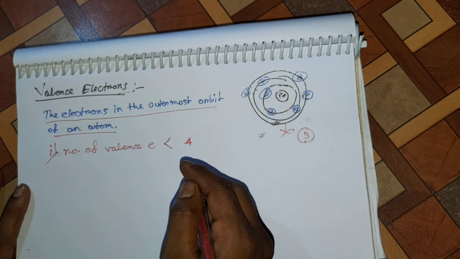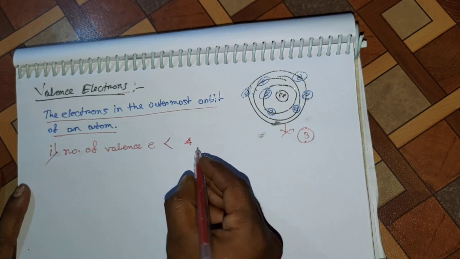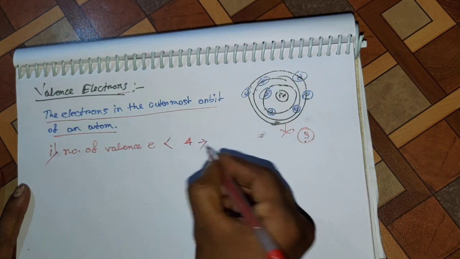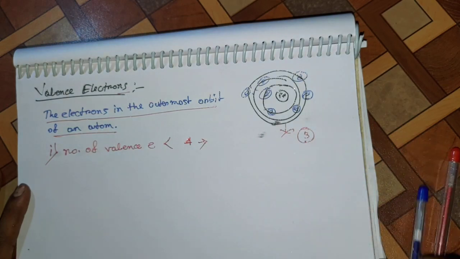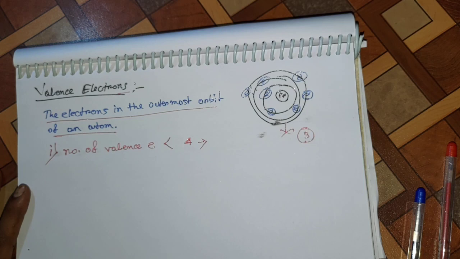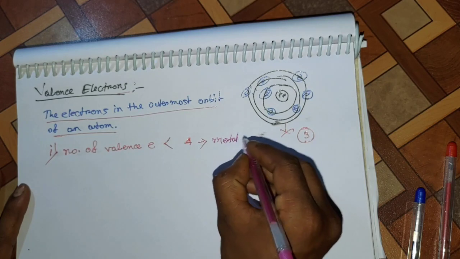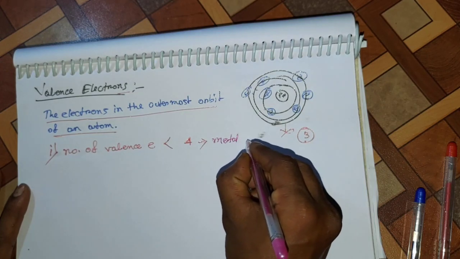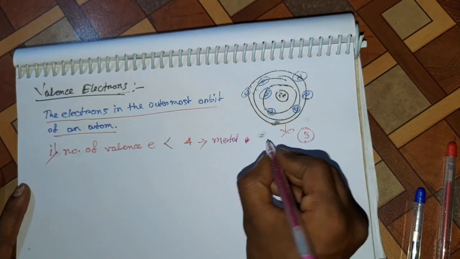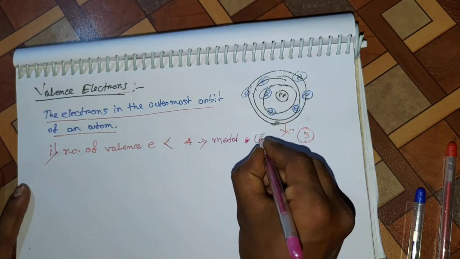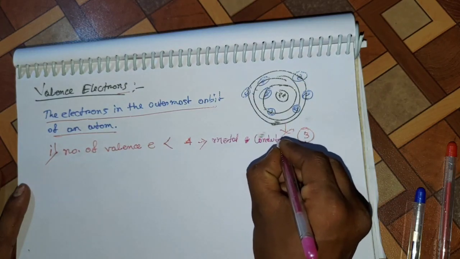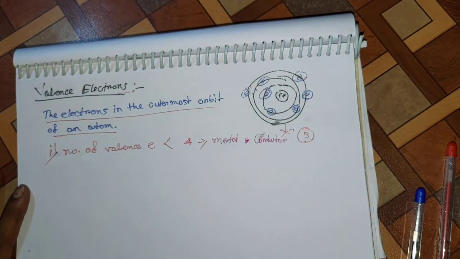Then the material is usually a metal and a conductor, so it will pass electricity.